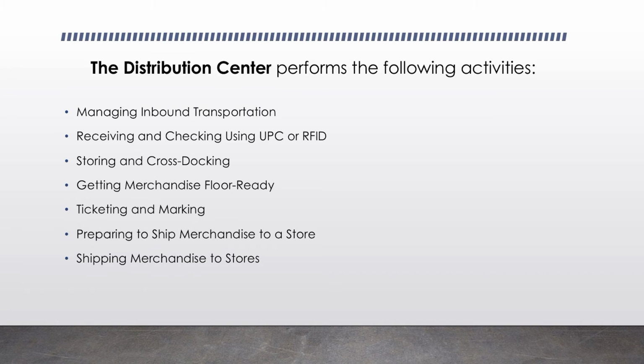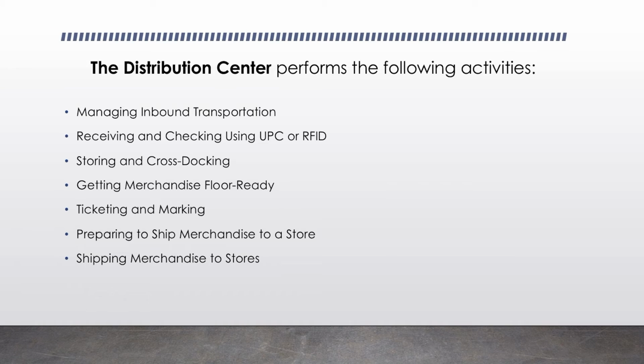In the past, tracking merchandise was a very labor-intensive and time-consuming process, but today, a UPC label or radio frequency identification tag on the shipping carton that identifies the carton's contents is scanned and automatically counted as it is being received and checked.